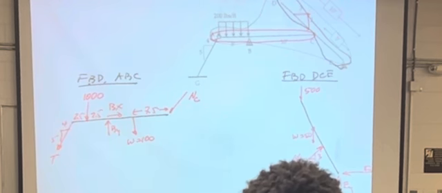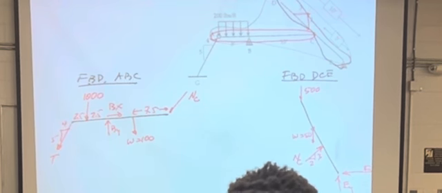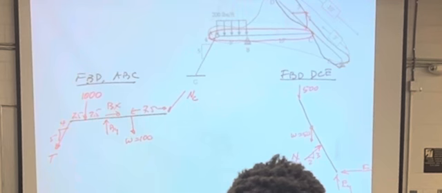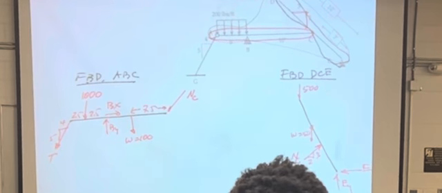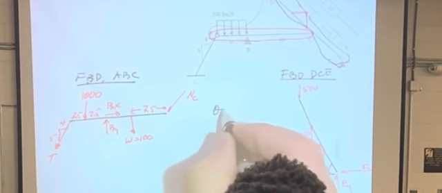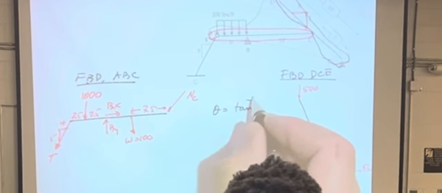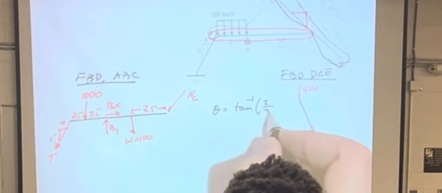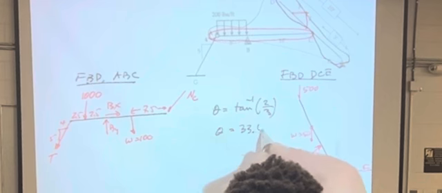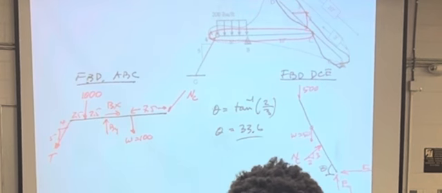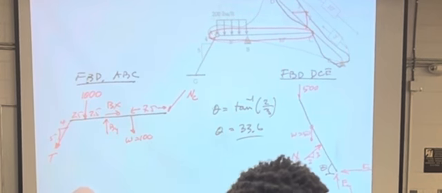NC times 3 minus 50 times its distance, 5 cosine 33.69 degrees. This angle is theta. Theta is equal to tangent inverse 2 over 3, 33.69.